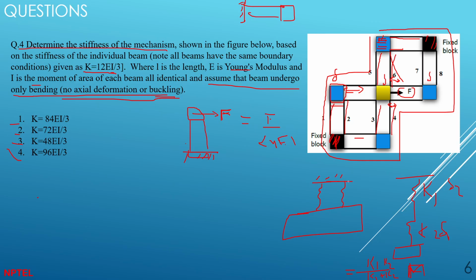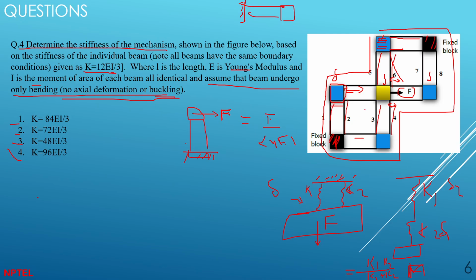Now consider a parallel problem, if you have K1 and you have K2, something like this, with a force F applied here. In this case, delta will remain the same, right? Because this point will move in the same manner. The delta remains the same, but the force will be distributed.